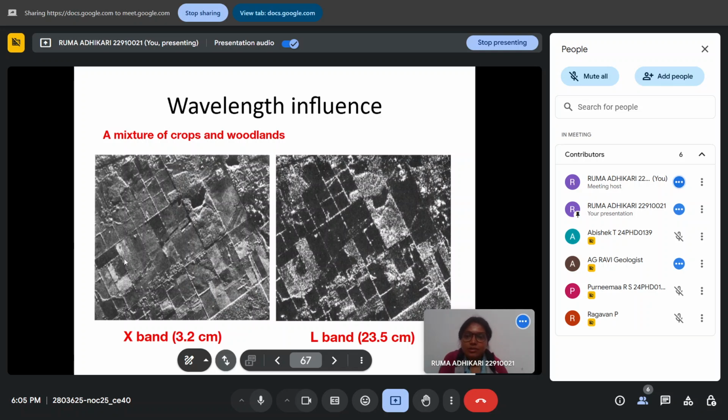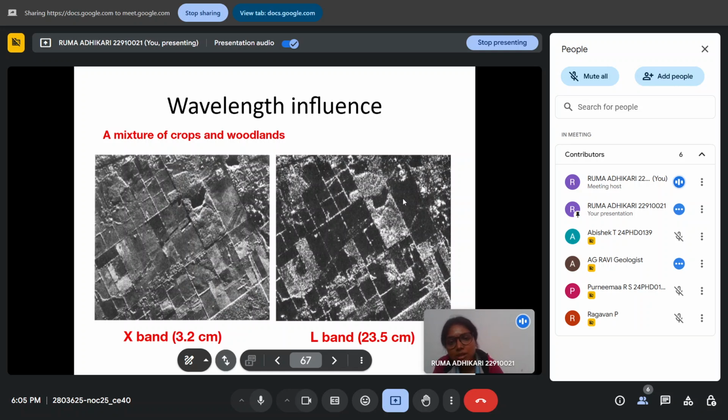The reflected signal comes from the top of the surface, but here it penetrates some centimeters into the surface vegetation and reaches the water beneath. That's why the water also gets darker.